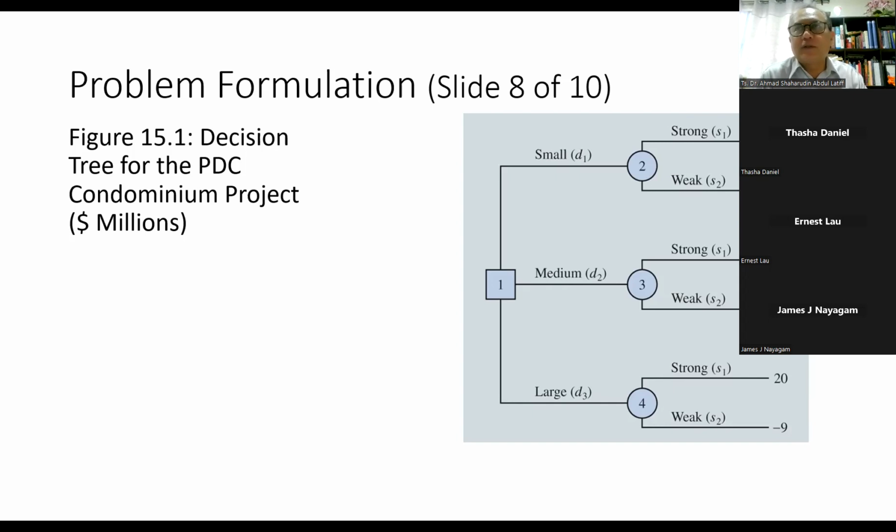But if there is weak demand, we should just opt for a small complex of 30 condominiums. We still make 7 million, instead of the medium. If you go for medium, the weak demand payoff is only 5. So this is the thing that you need to look at.